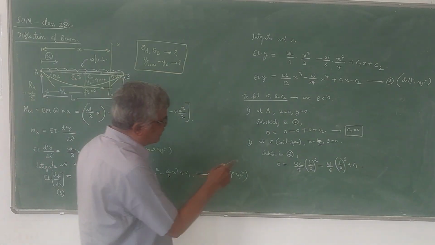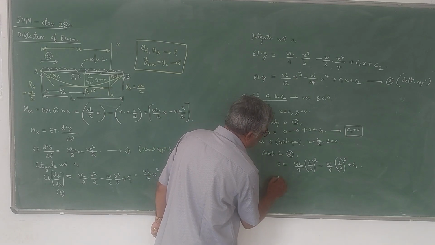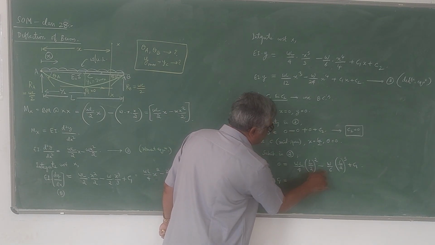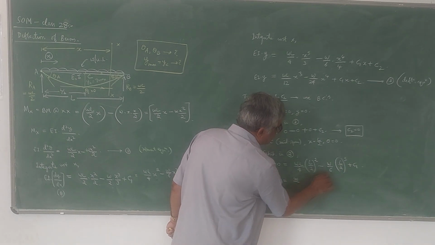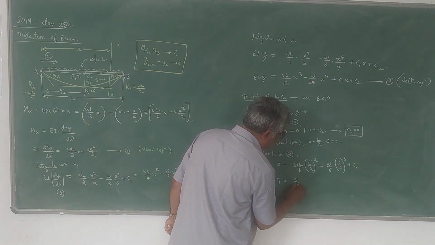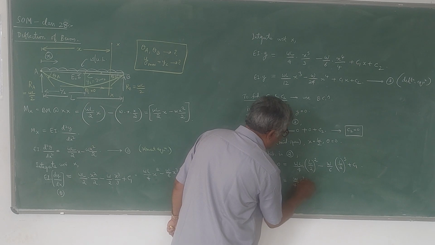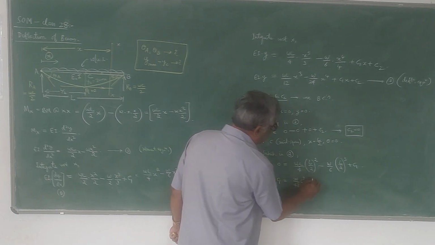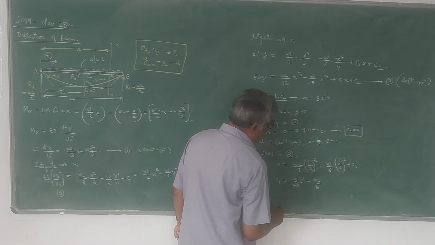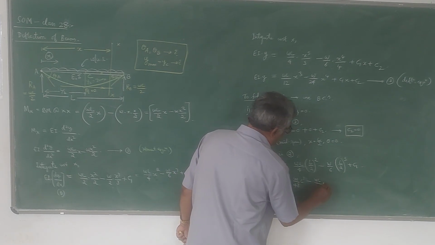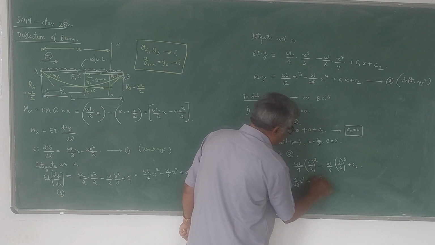Now you can get the C1 value from this. C1 will be equal to this minus this. So this will be W by 6 into 8, that is 48, L cube, minus WL by 4 into 4, that is 16, into L. So that means there is also L cube.